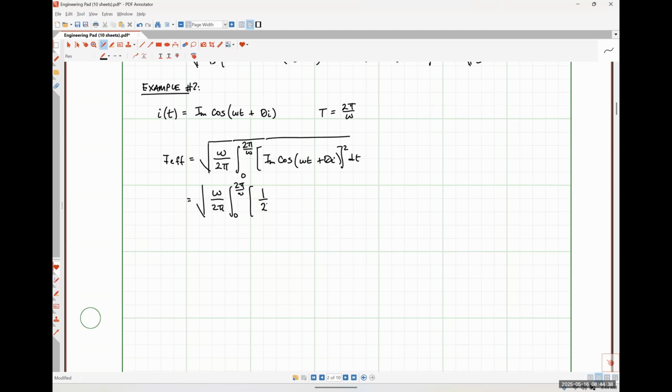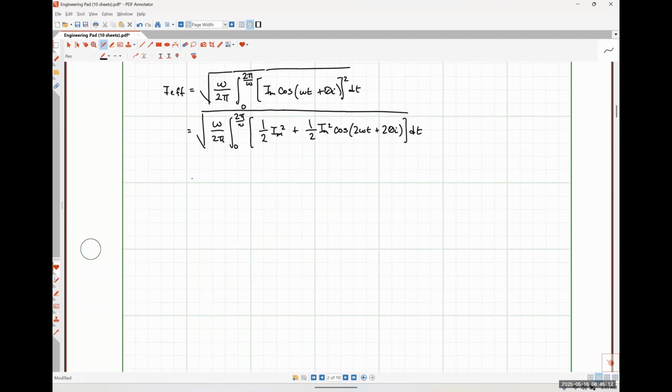That's going to look like 1/2 Im squared plus 1/2 Im squared cosine of twice omega t plus twice theta I. And this is just using that exact same trig identity that we used in class on Wednesday when we were multiplying a cosine voltage function by a cosine current function. So I'm just going to split this up, much like we did when we were looking at average power towards the end of class on Wednesday.